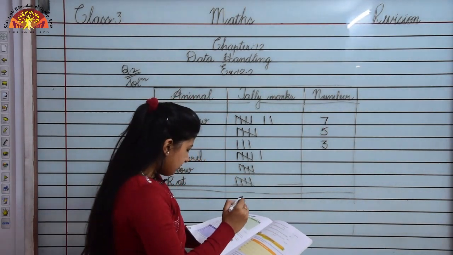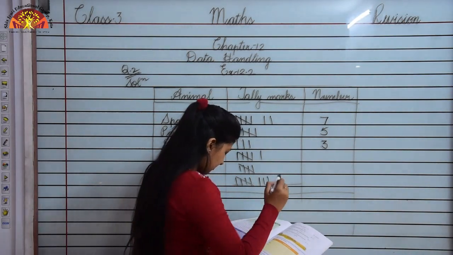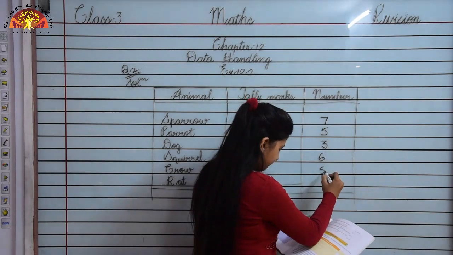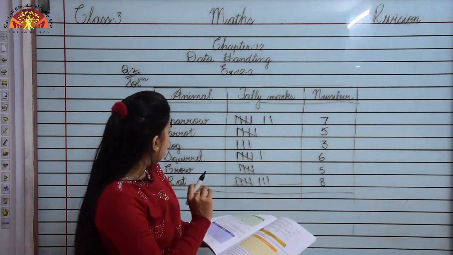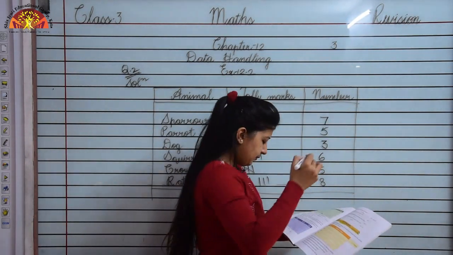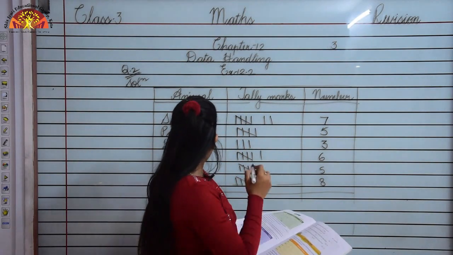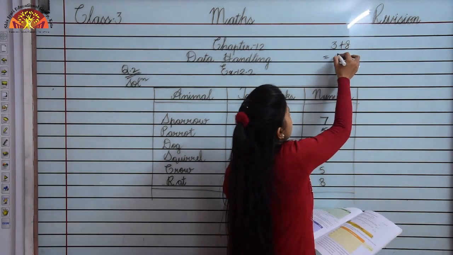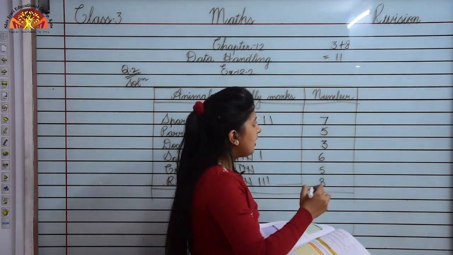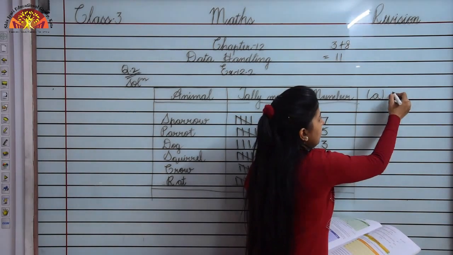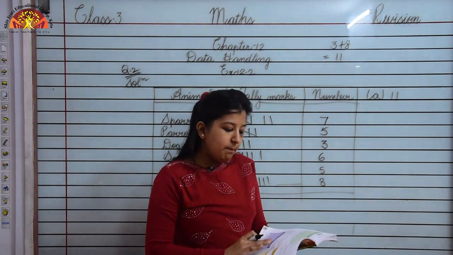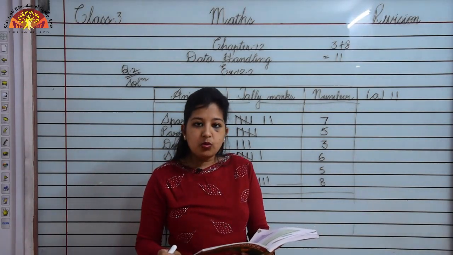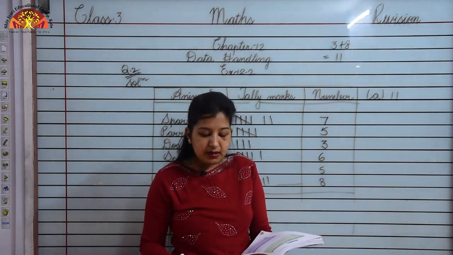Fine. Now A part of this question is how many dogs and rats did Nitesh see? So the number of dogs is 3 and the number of rats is 8. So 3 plus 8 equals 11. Fine. So the answer is 11. Now B part of this question is which animal did he see the most? उसने सबसे ज़्यादा कौन सा animal देखा था?